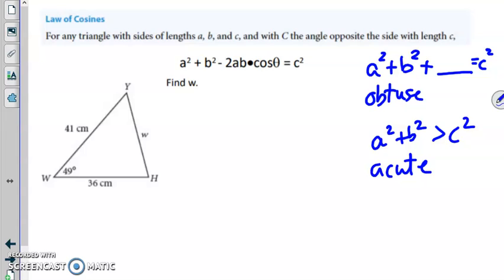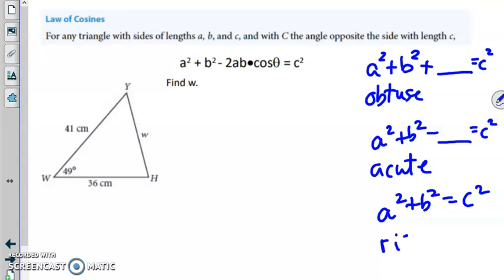So if you look at my handout on the second page, I'm talking about the idea that we have to add something to get to that C squared. Same thing on the acute triangle. A squared plus B squared is more than C squared, which means you have to subtract something to make it equal C squared. And of course, if I already have A squared plus B squared equals C squared, I get that perfect right triangle.